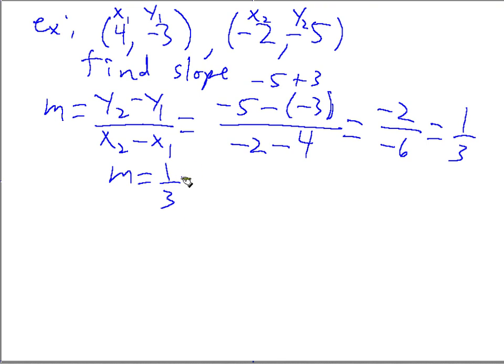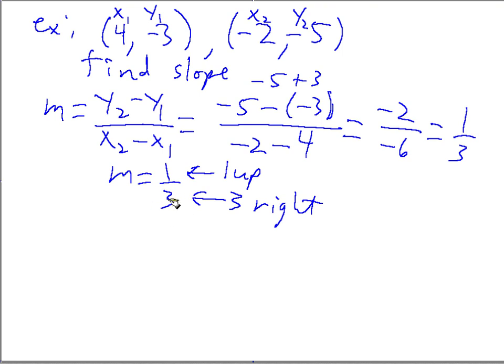What does that mean, though? For this particular line, this is the vertical change, and it's positive 1. That means for every unit I go up, if I go 1 up, I have to go 3 to the right, because that's the horizontal change. Again, the numerator is the vertical change, the rise.